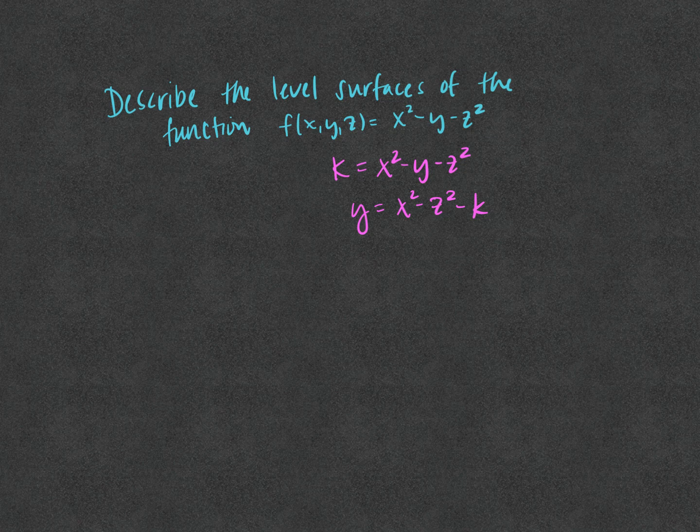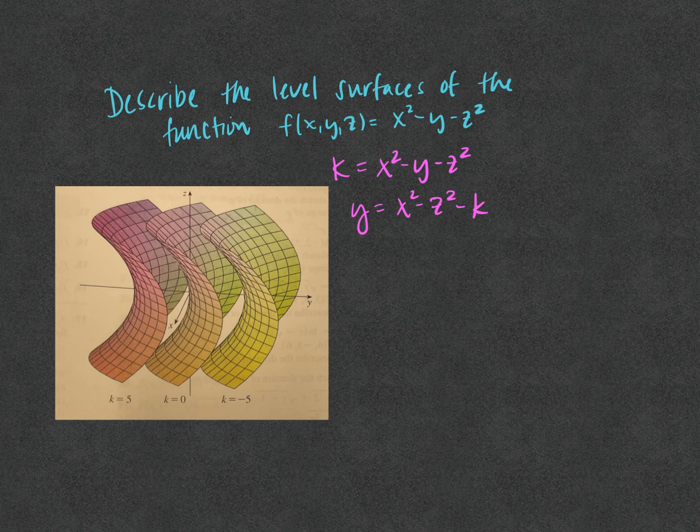This is a family of hyperbolic paraboloids, and we could sketch out these surfaces. It's very hard to do. So here you can see this family of hyperbolic paraboloids. It's a nice picture.